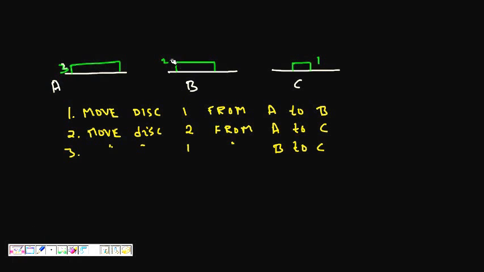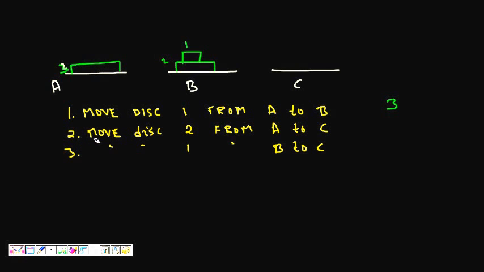Then what we can do, move disk 1 from C to B. So it comes here, and now we have moved two disks, 1 and 2, from A to B. Okay, so this required us 3 steps, as you could have counted.